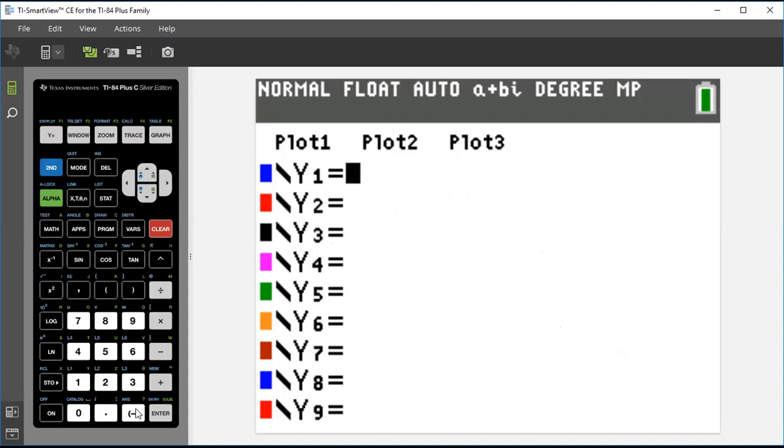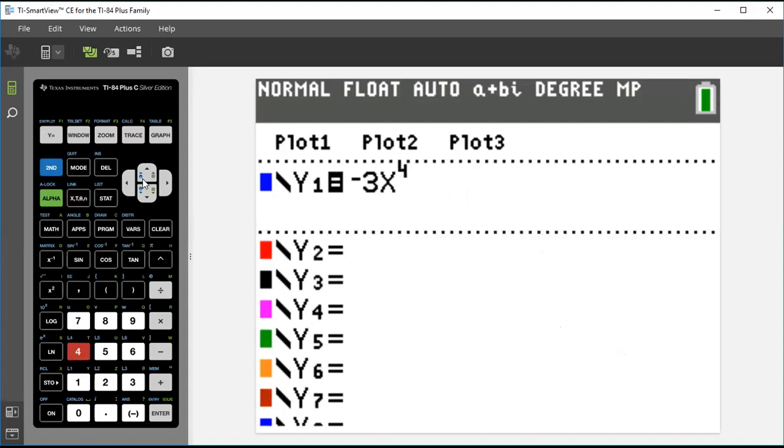Okay, so we're going to type in negative 3x to the 4th, followed by 21x cubed. And again, this is just the start of the ride. And then next is going to be minus 48x squared. I'm sorry, this calculator gets tough to use. Minus 48x squared, and then plus 36x. And graph.